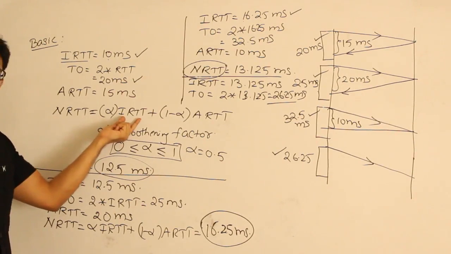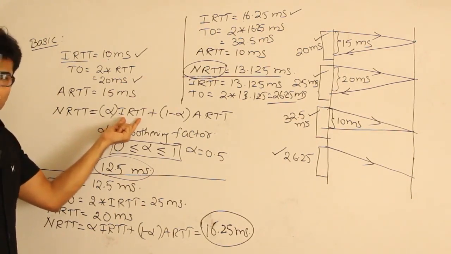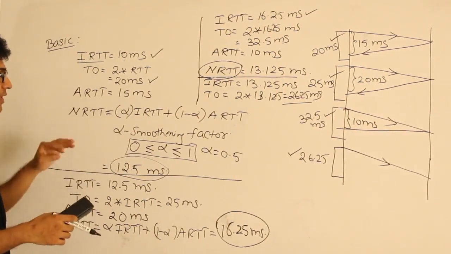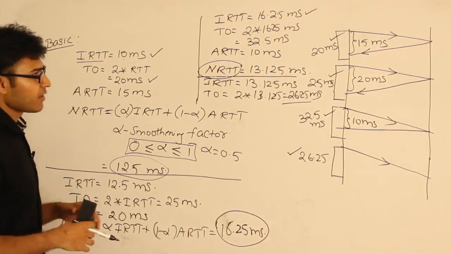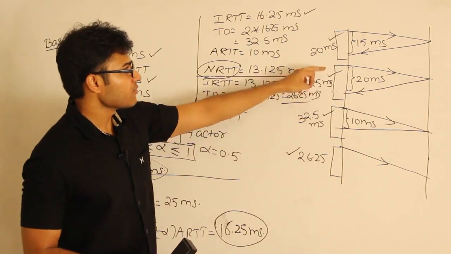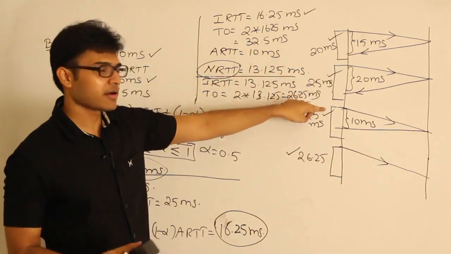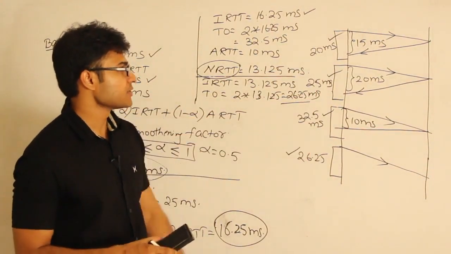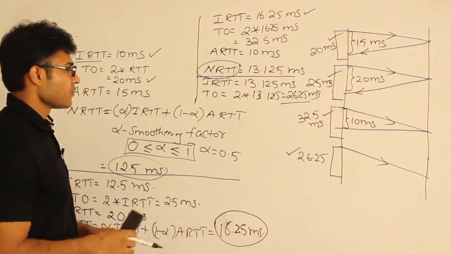And if you go back to that previous NRTT, that contains ARTT. So it is a bit confusing. Just remember that when I am working at the fourth packet, it means that I have already taken first packet, second packet, third packet into consideration, then only I derived this, right? That is how this one works.